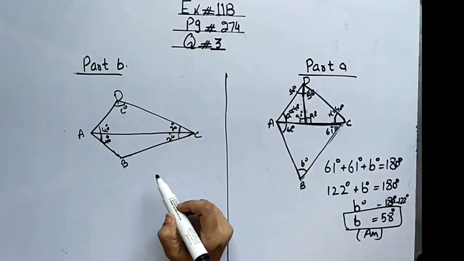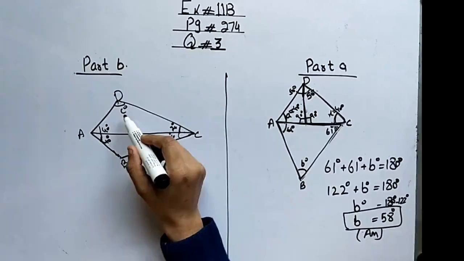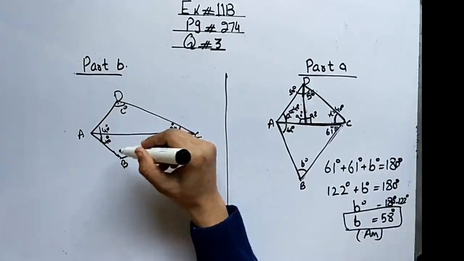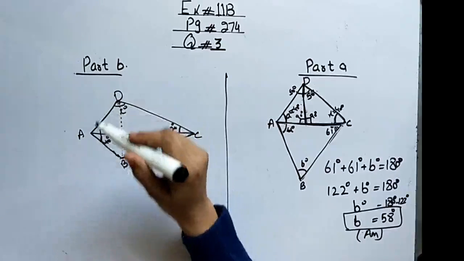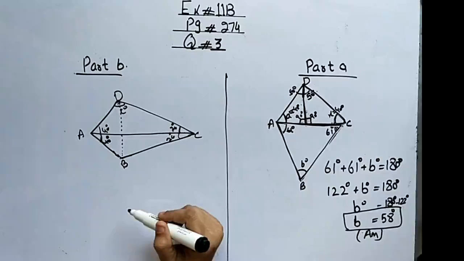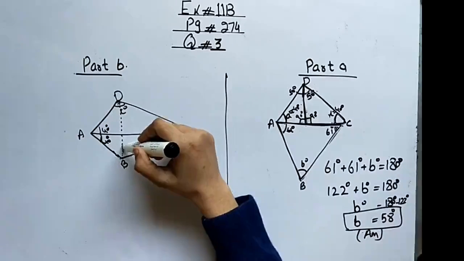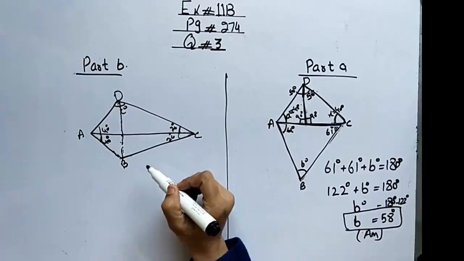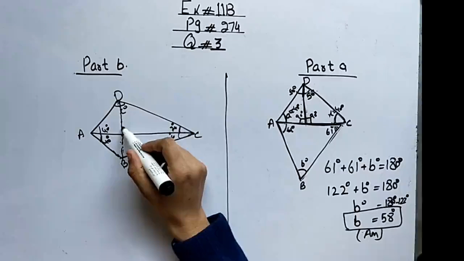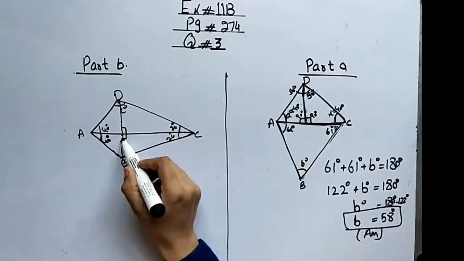Okay, now what are they saying? They are saying, find out angle C. Now draw a diagonal from B to D. You can see, draw a line from B to D. Now they are making a 90 degree angle.